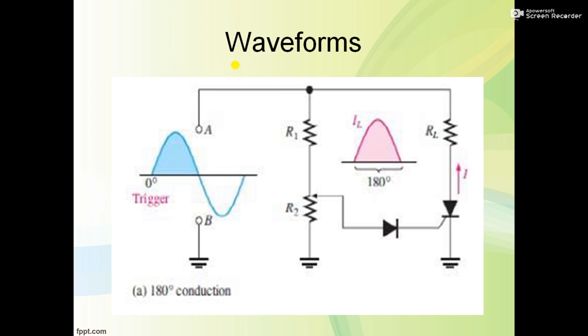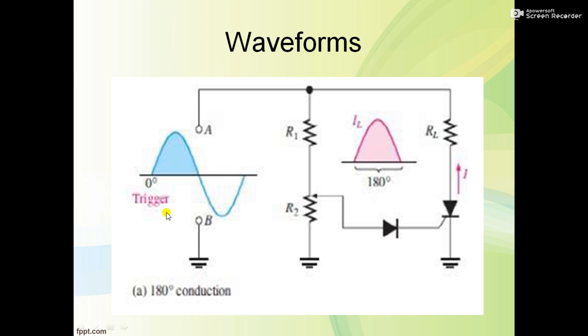In this waveform, consider I am using 180-degree phase shift conduction. Consider this is your AC input signal, both positive and negative. Normally, if you apply the positive half cycle, diode D1 is forward biased and you get the output. During the negative half cycle, it is in the off condition. So we are considering only the positive half cycle of the AC input signal.